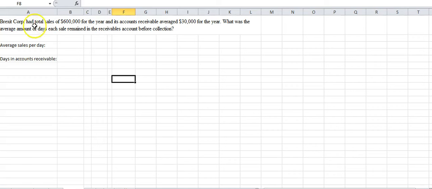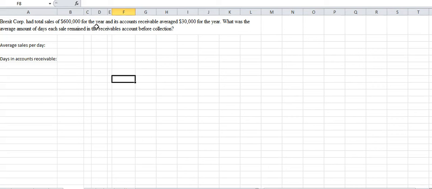It says Brexit had total sales of 600,000 for the year, and its accounts receivable averaged 30,000 for the year. What was the average amount of days each sale remained in the receivable account before collection?